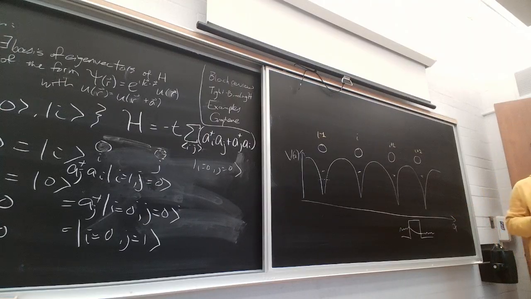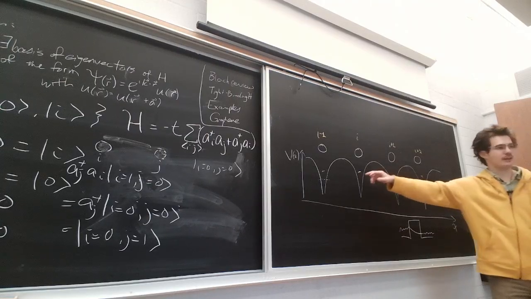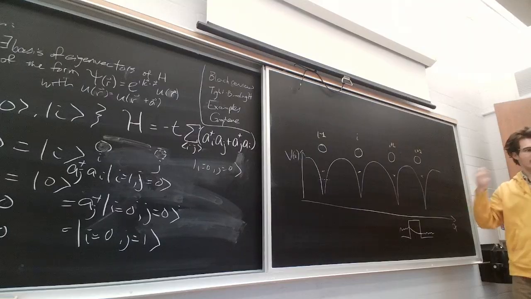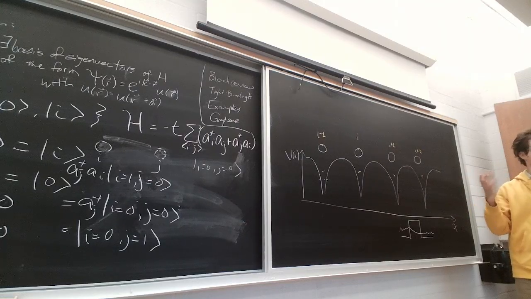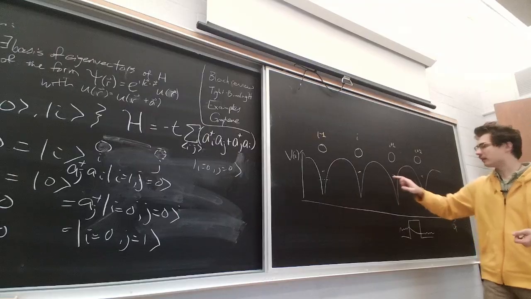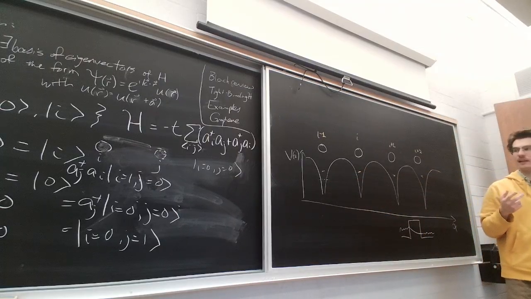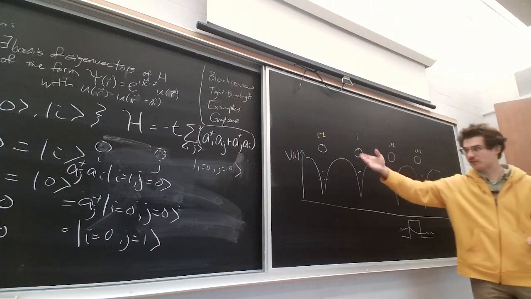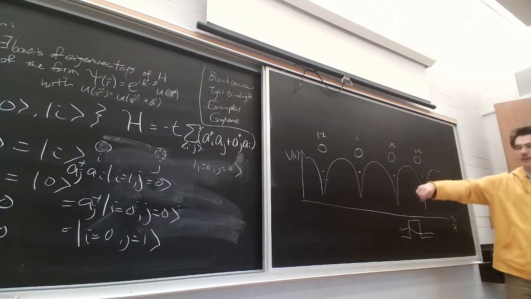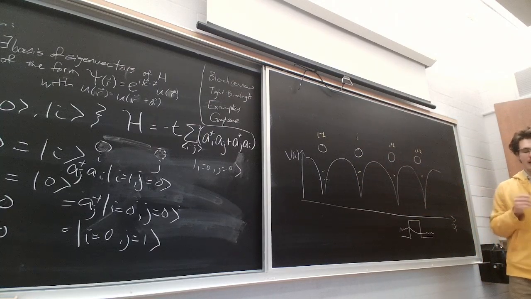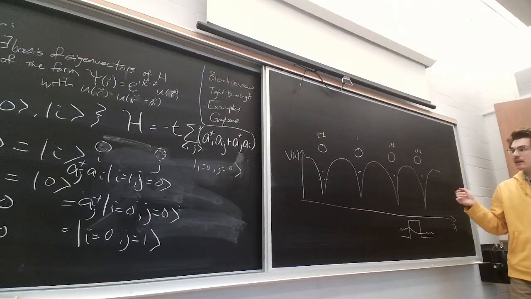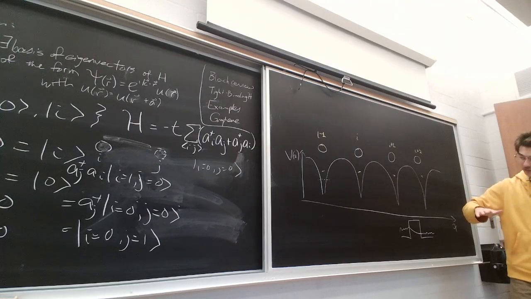So you say, okay, let's neglect all tunnelings that are too far away, and only include in our model tunneling that goes from here to here and from here to here. And so that's the next assumption here. We assume that the electron is tightly bound to the atoms because the potential looks like this for some reason, whatever the reason is. And then you say, okay, we're in the ground state energy, so that's the next assumption you're making.